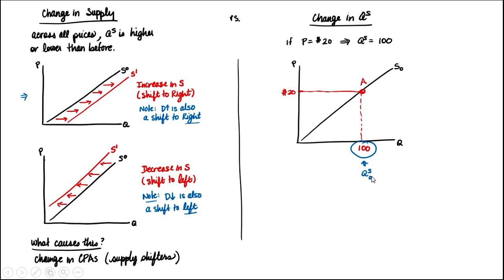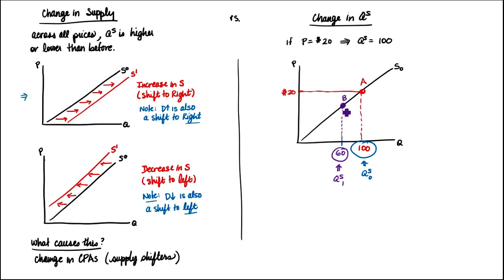Now we're saying, for some reason, quantity supplied switches. Instead of 100, maybe we want to only put, let's say, 60 on the market. So this is my new quantity supplied. That would put us on point B. But what caused that? What caused us to go from wanting to put 100 units on the market to 60 units?